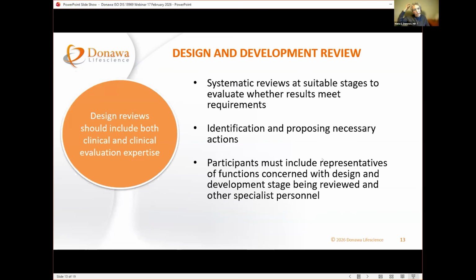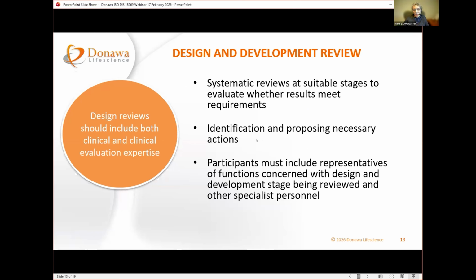So another critical aspect of design and development is the design and review process. This is when you examine and you define what the stages are, but you examine the stages where you're going to get everybody together, and I mentioned this before, to look at whether or not the requirements or the activities of a particular stage have been followed and the requirements of that stage have been met.